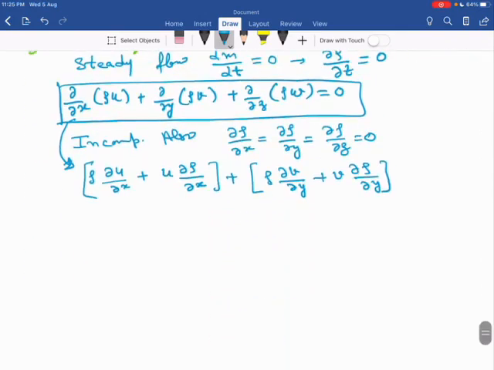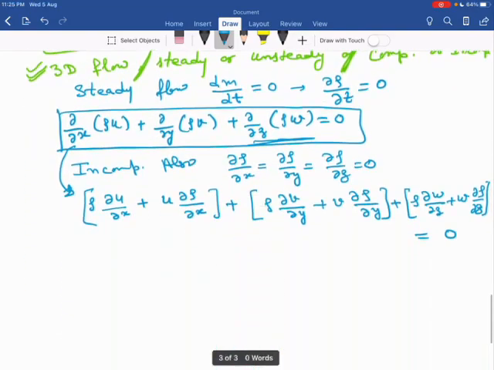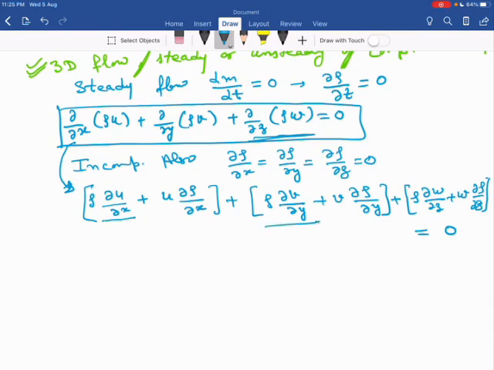Similarly, the third term, I write with ρ first: ρ ∂w/∂z plus w ∂ρ/∂z, equal to 0. Now I combine the density terms in one bracket and remaining terms in another bracket. So now I try to combine these three terms and try to combine these three terms.